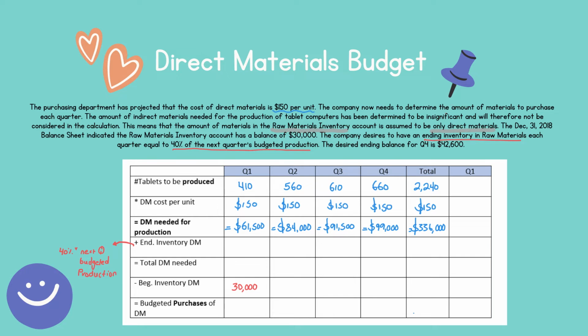So for quarter one, I need to multiply 40% with the next quarter budgeted production, which is 84,000.